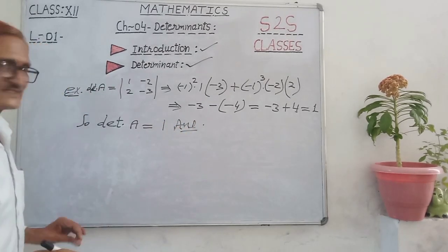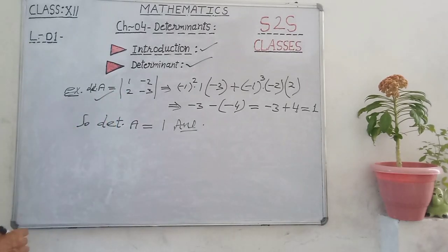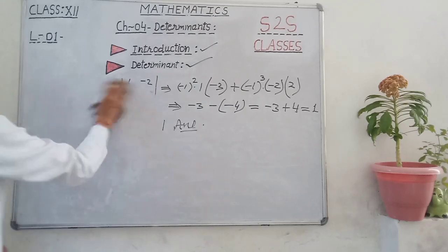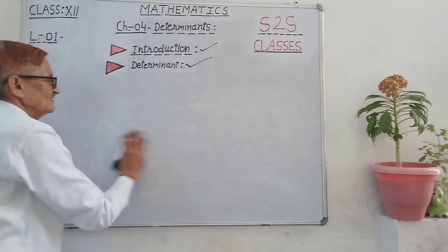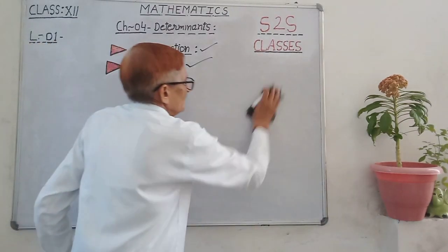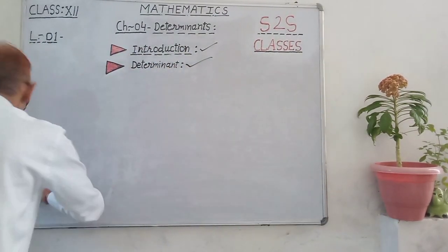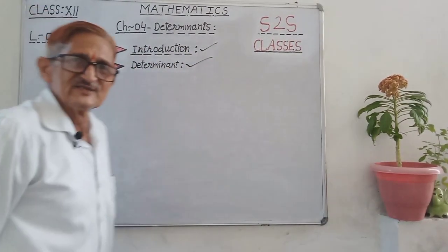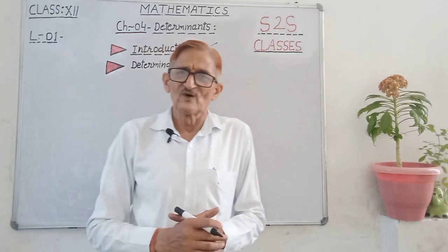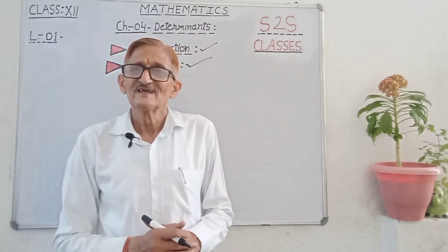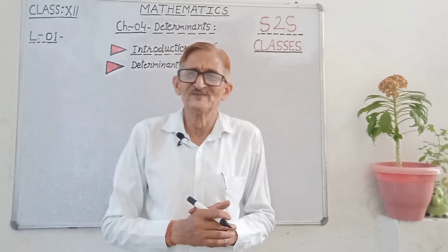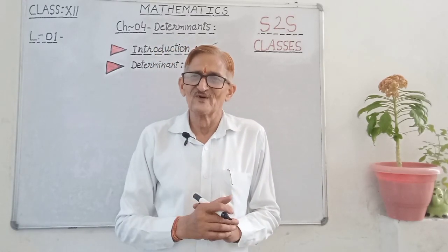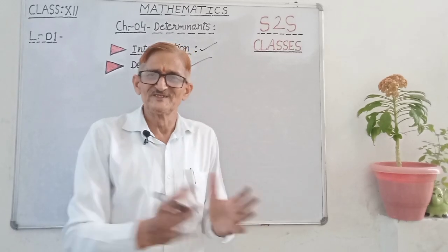Okay beta, one example I took, 2 by 2. Understood? Now one example of 3 by 3 I want to tell you. You will understand. Be careful. Along any row or column you can expand, but in the future you will expand along the row or column in which the maximum number of elements are 0, because it is easy to multiply 0 with something.